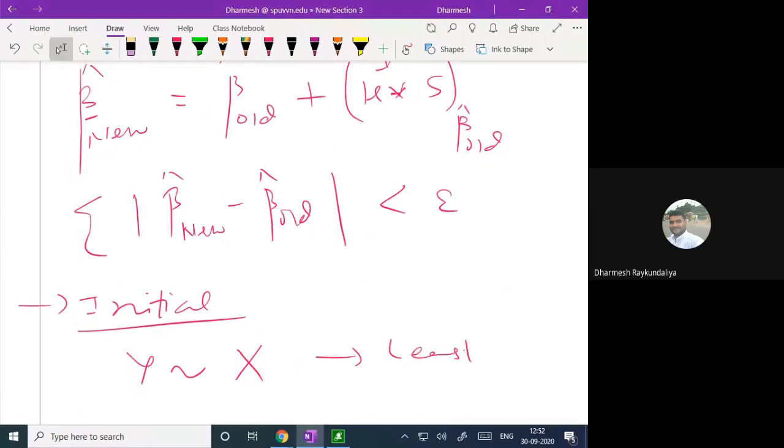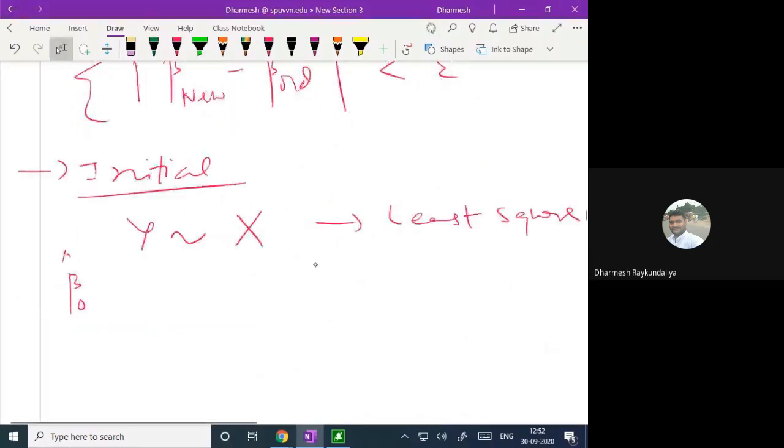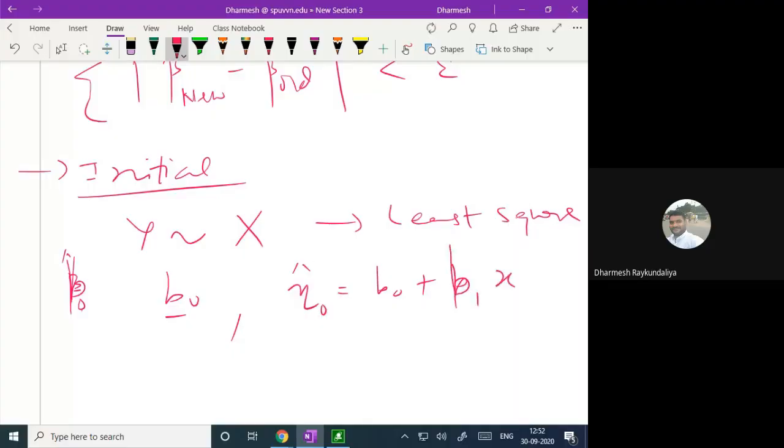Once you get the estimate of beta, we call it B0. Then we can calculate eta. Eta cap is nothing but the estimate of beta 0 plus the estimate of beta 1 times x, that is B0 plus B1 x. So you can calculate this eta 0.